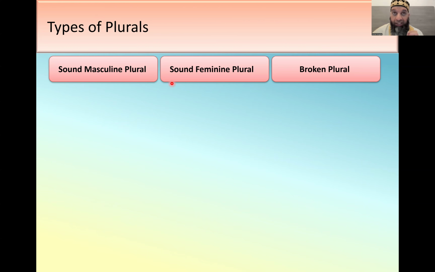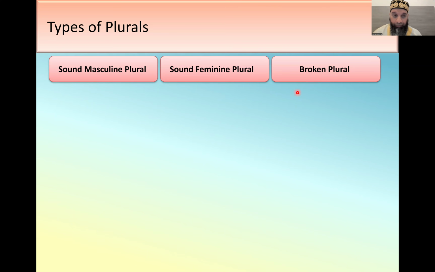One is called a sound feminine plural. And the other one is called a broken plural. And you're going to need to know this for the test because we are doing plurals today, yeah? We're not doing duals. Duals have gone. I just gave you that information to introduce you to the concept that there is such a thing as dual, but we're not going to cover it. Yes, all the classes are available on YouTube, on this channel.